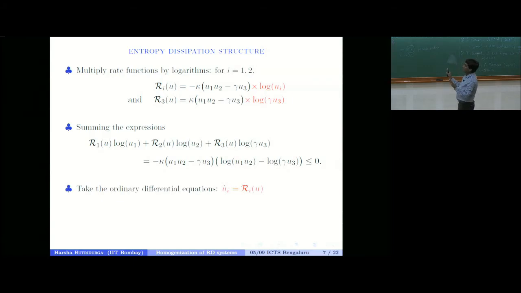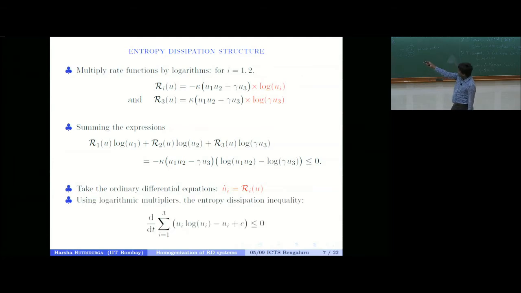So suppose you have no diffusion. You are just studying the ODE coming from these reaction rates. If you do the same calculation with the logarithms, you get that for this function, you have to add a constant because this graph is just below the x-axis for a while, so you add a constant to make it nonnegative. Then you find that d by dt of this function has a sign.